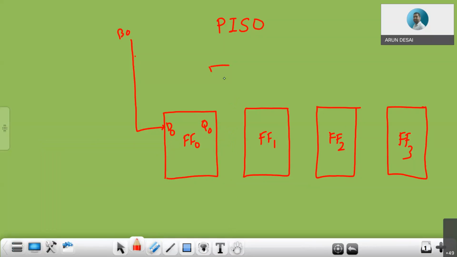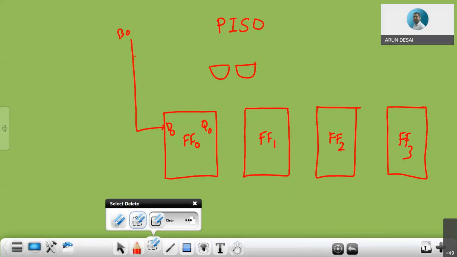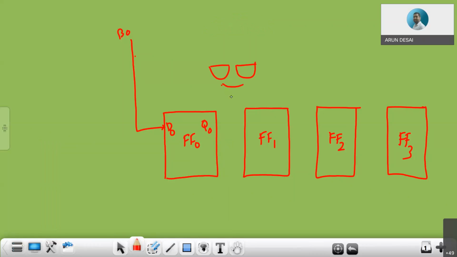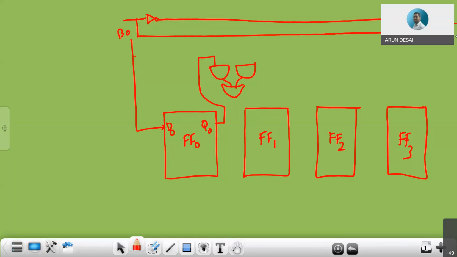We are using this type of arrangement of gates wherein we can have data. If it is 1, then it is shifting the data.